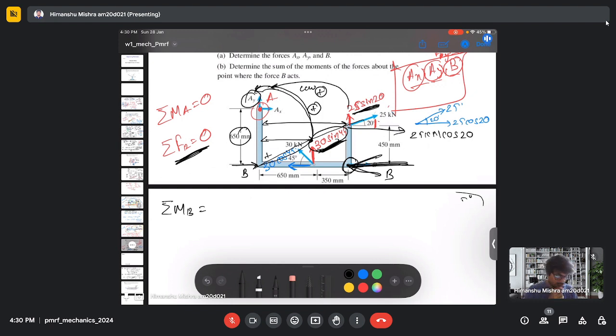So I'm still sticking to counterclockwise as positive and clockwise as negative.